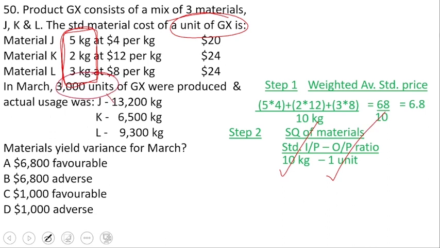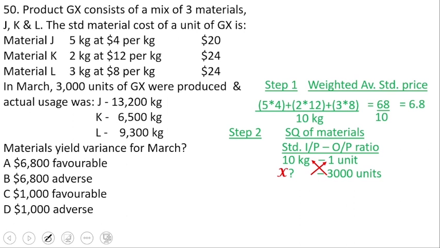So for 3000 units of output, what is the input? So we will take the question mark as x and then we will cross multiply. So x goes in the numerator on the right hand side and 3000 goes to the numerator on the left side. So x is equal to 3000 into 10. So we write 30,000 kg as a standard quantity of materials required for the actual output.